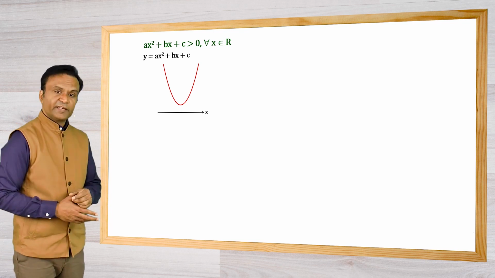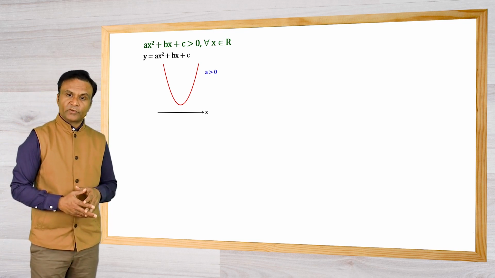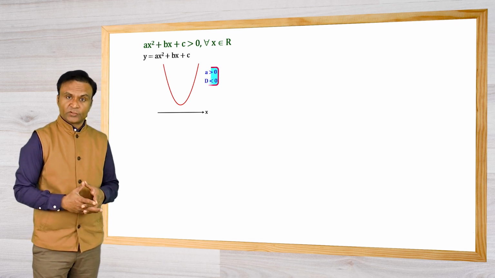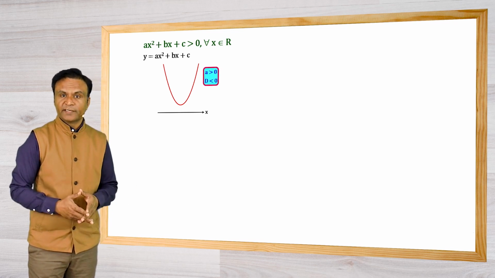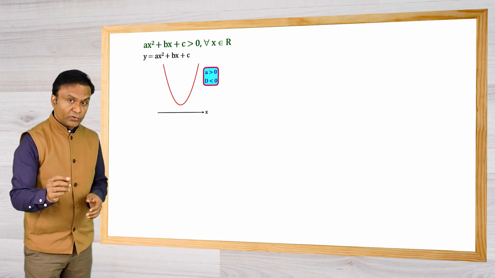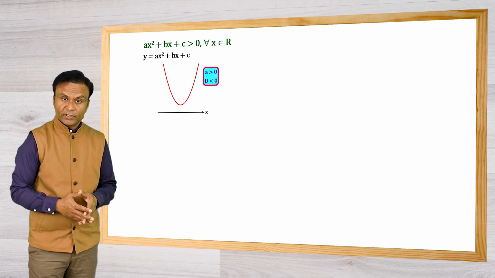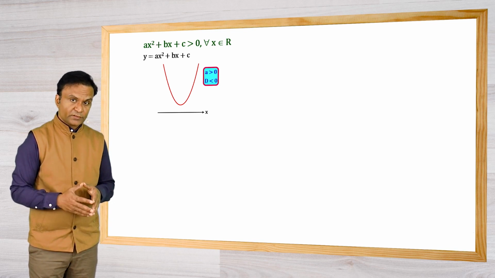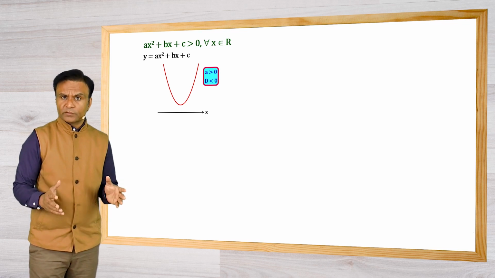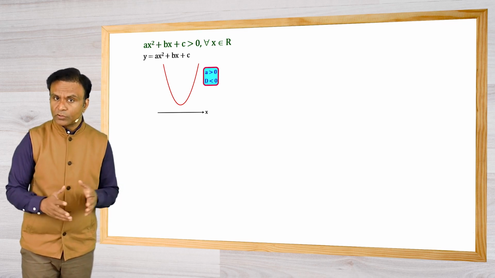In this graph, a is greater than 0 because the graph is concave upward, and D is less than 0 because the graph is not intersecting the x-axis. So a greater than 0 and D less than 0, these are two conditions for any quadratic function to be positive for all x belongs to R.